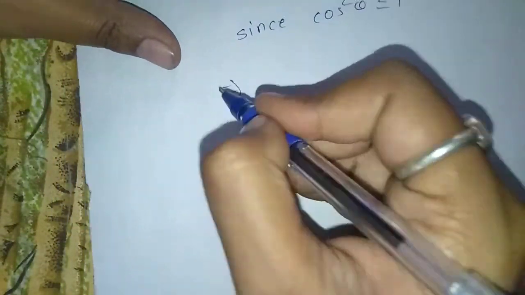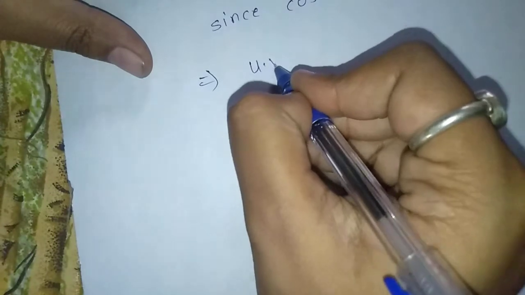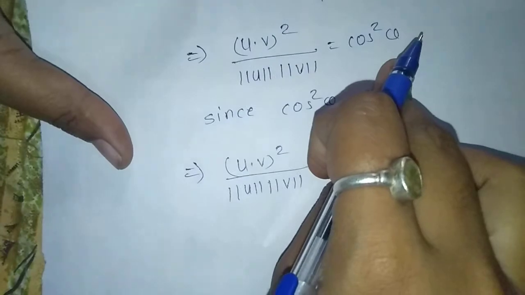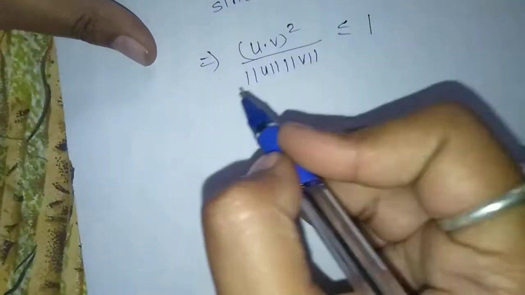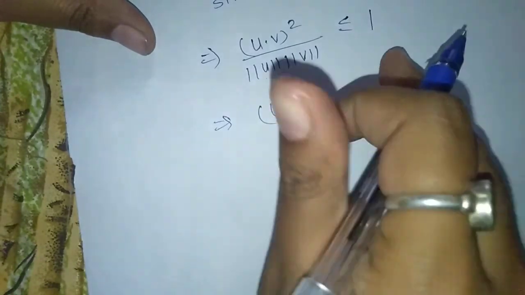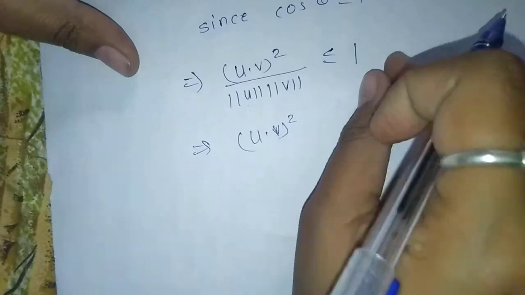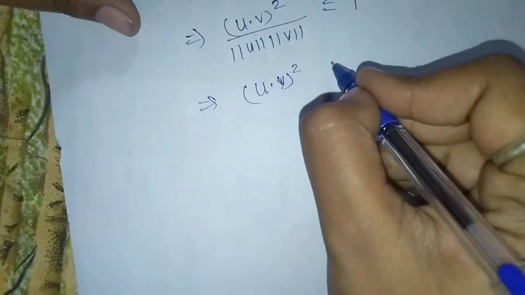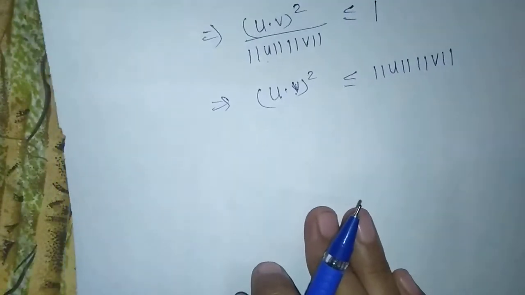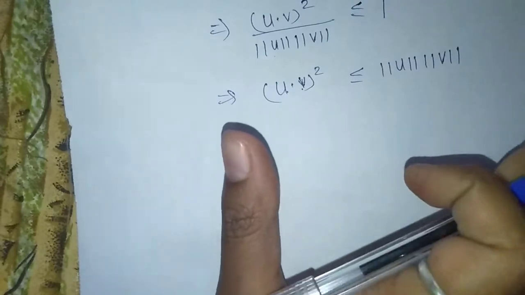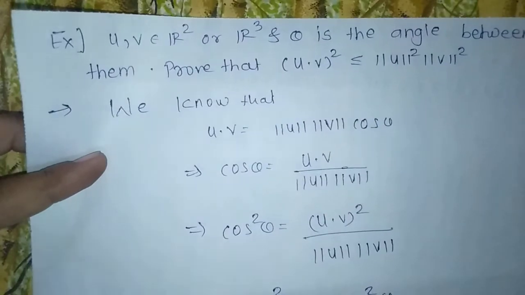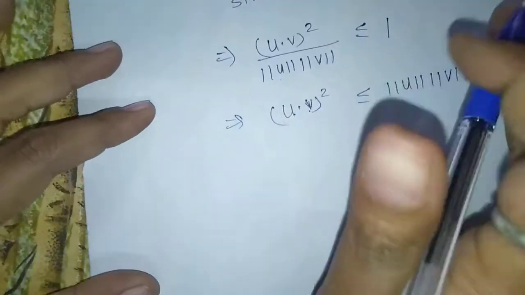So this expression is less than or equal to 1, which implies U dot V whole square is less than or equal to norm U square into norm V square once we take the denominator to the right hand side, and this is called the Cauchy-Schwarz inequality. So here we proved this statement.